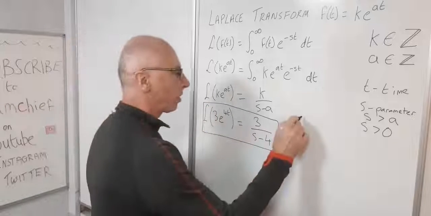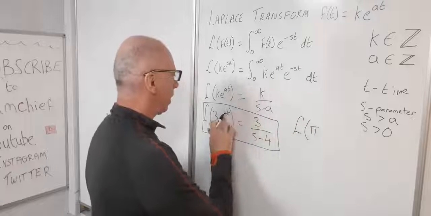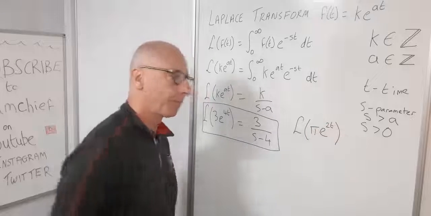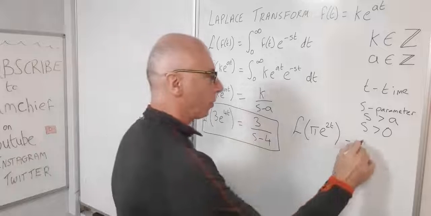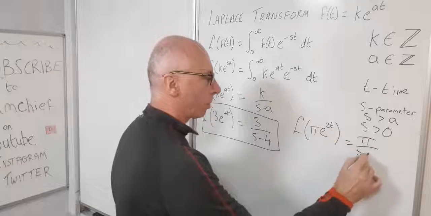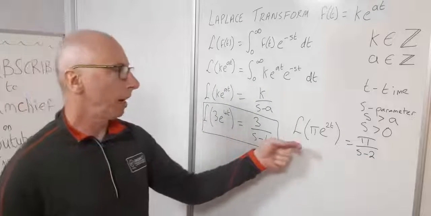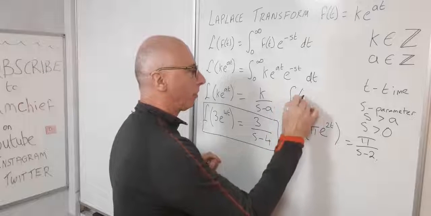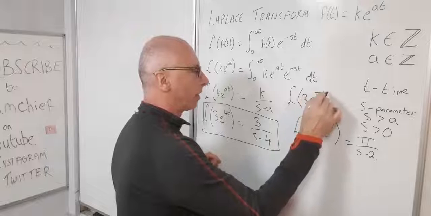Now let's have a look at another one. What about the Laplace of pi times e to the 2t? Again, using my general formula, that equals pi, that's my k, and then s minus my a, which is 2. So that would take care of that one. Now what about the Laplace of 3 times e to the pi t?